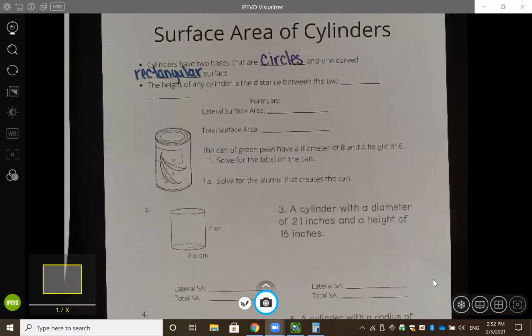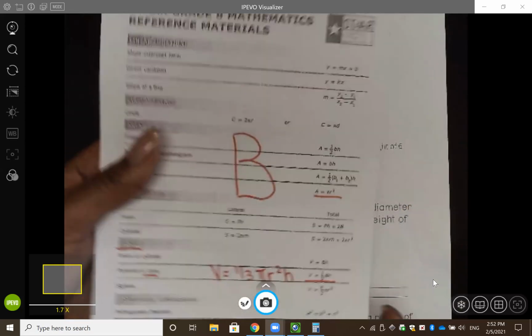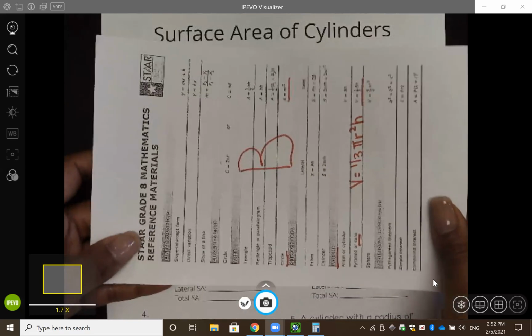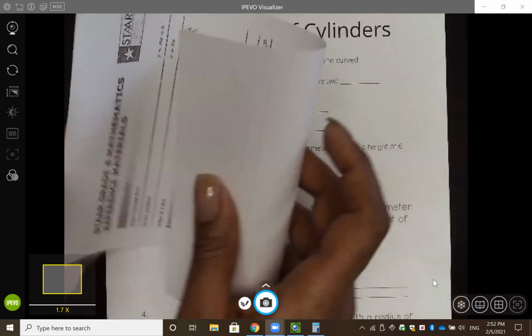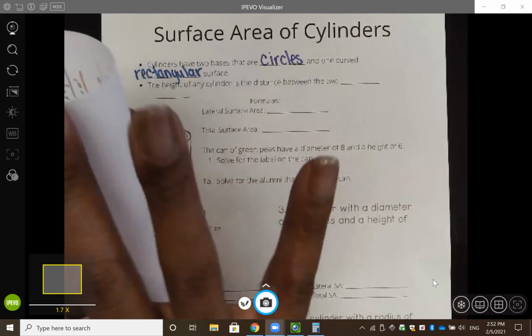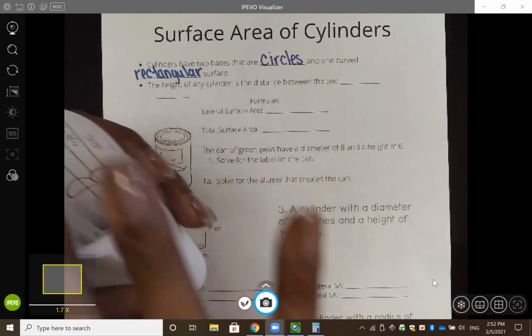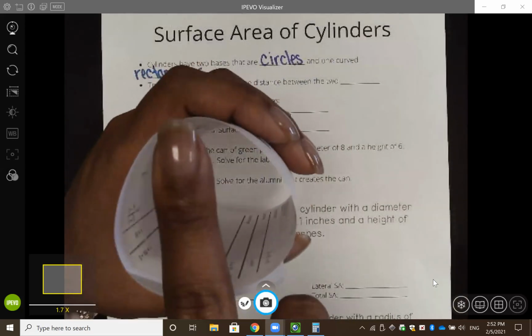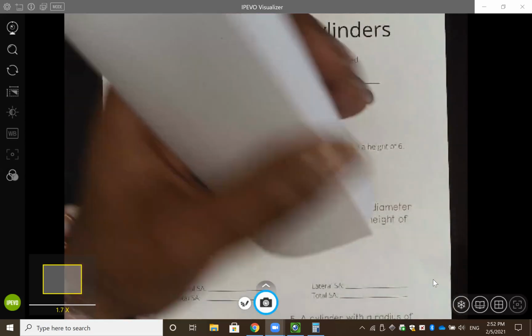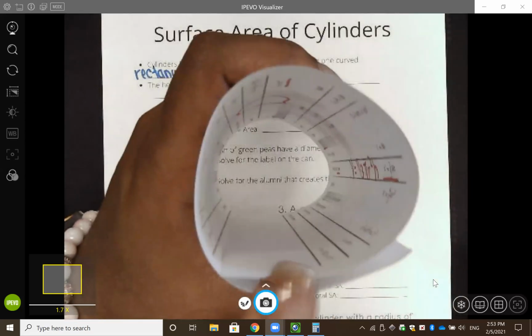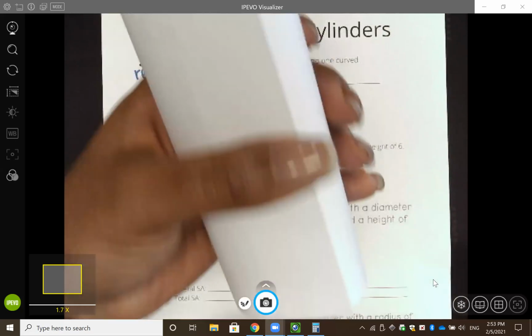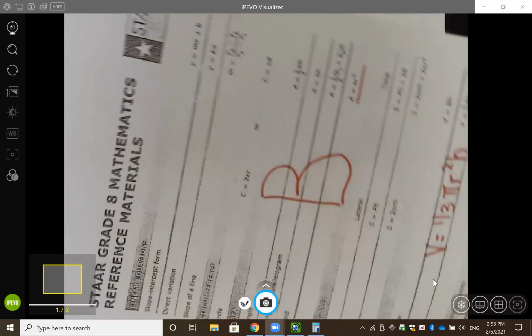So what you basically have is if you had this rectangular piece of paper and you rolled it up, this is your one rectangular surface. At the top and at the bottom, you have two circles. So that's what it means. You have your two bases and one rectangular surface.